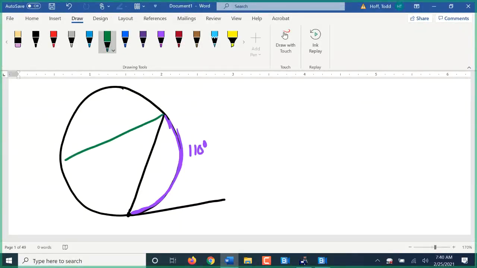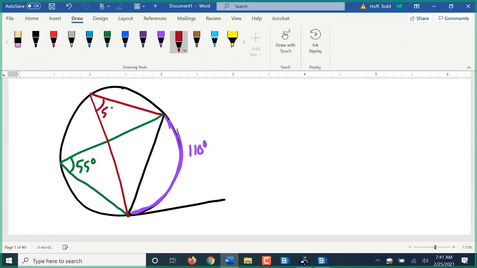If I had an inscribed angle like this, the angle would be half of the arc. Half of 110 would be 55 degrees. If I move it up here, it's still 55 degrees, half of that arc. If I move it down here, it's still 55 degrees.